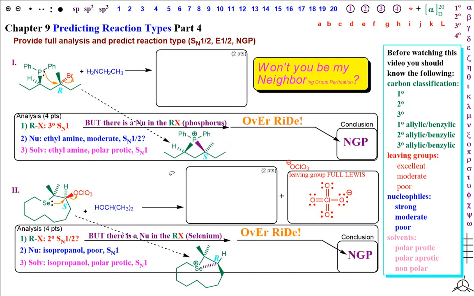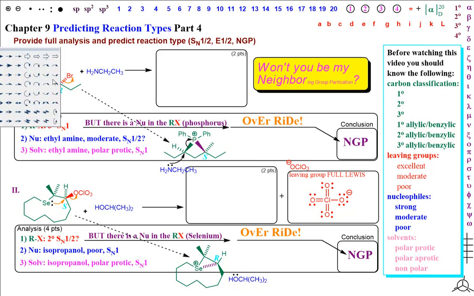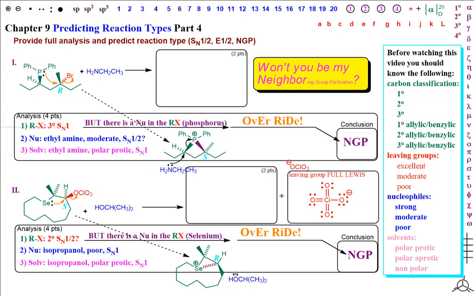So I'm going to put our nucleophile down here attacking this carbon, and I'm going to put my nucleophile down here attacking this carbon, and I'll be right back. Here we go. Backside attack on the least hindered carbon is going to create our final product. And on this one, backside attack on our least hindered carbon is going to create an oxonium.